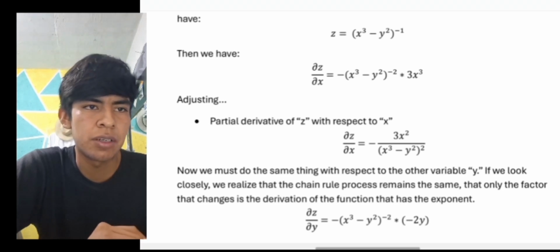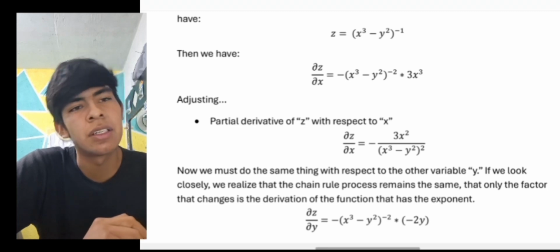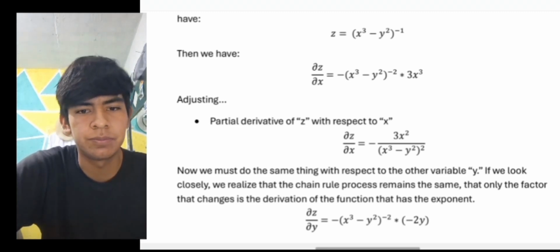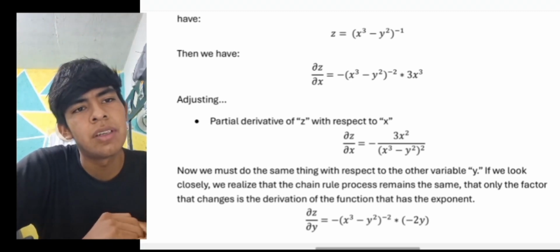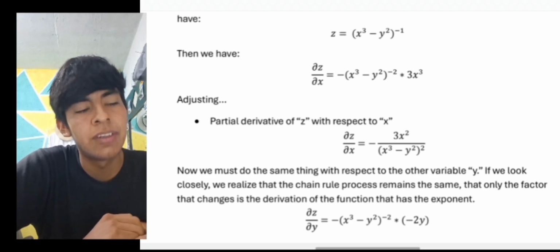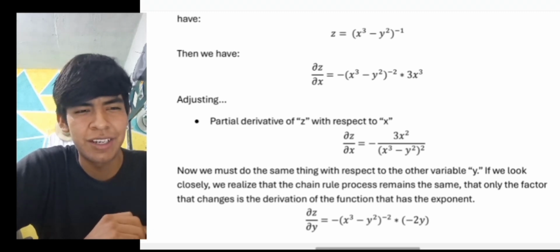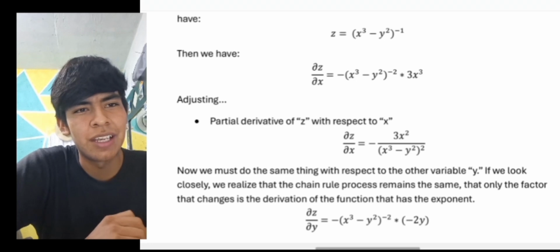Adjusting, the partial derivative of z with respect to x is equal to minus 3x squared divided by (x cubed minus y squared) squared.